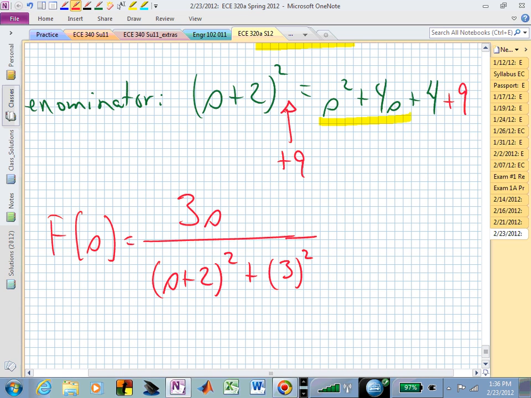Am I done? What do I know that denominator is, or how is that denominator jumping out at me? If I said, plot the poles of that transform.